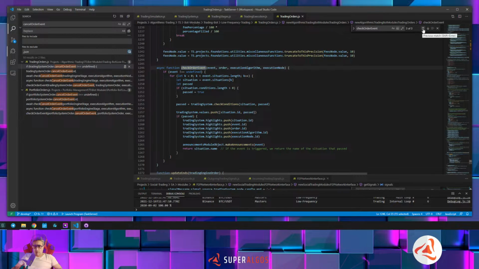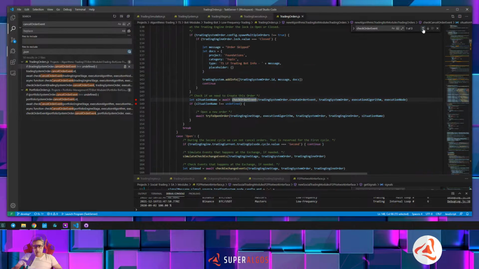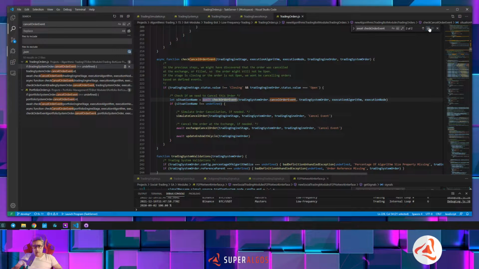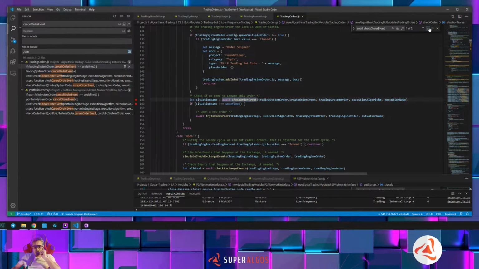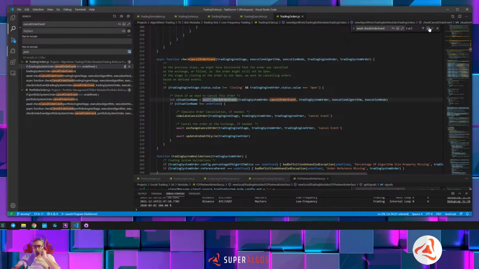So what we're going to do is, here, when we do this await, we have it in two places. One is for the create order and the other is for the cancel order. They are called order events because they are both handled the same way.